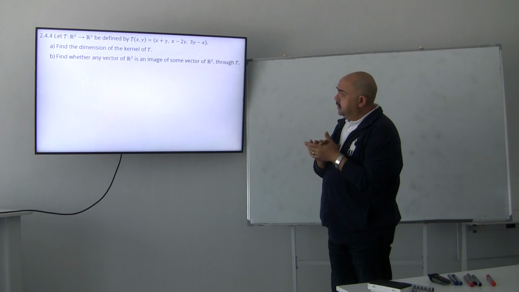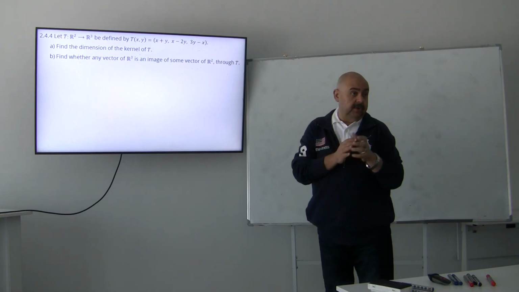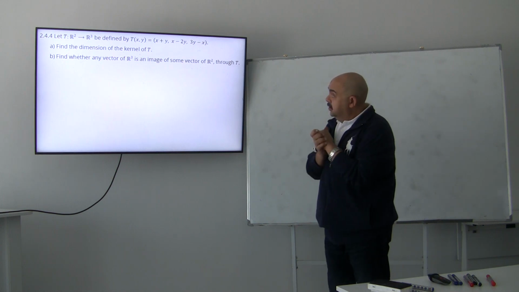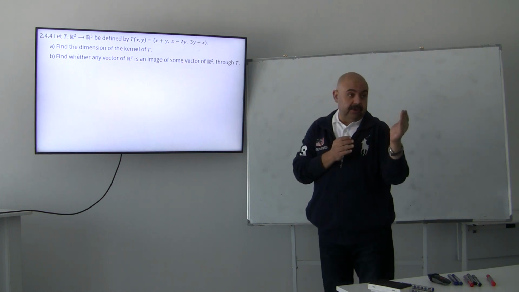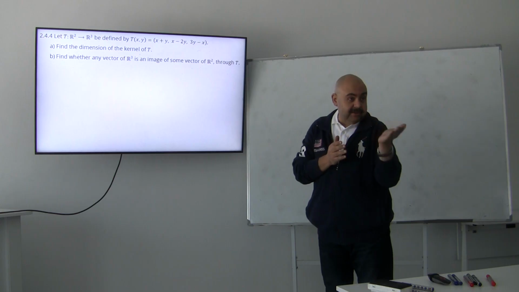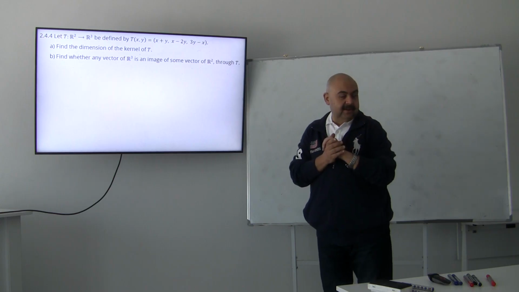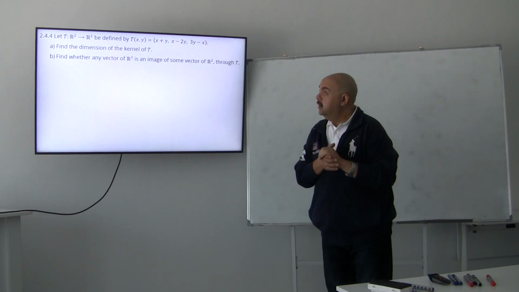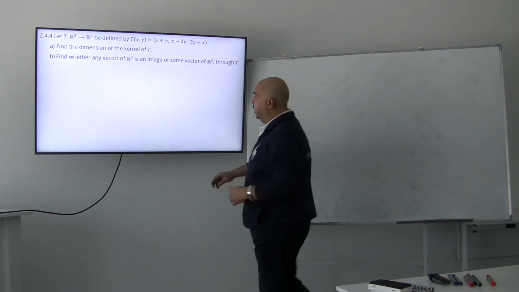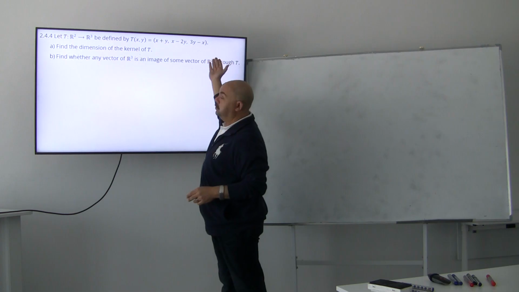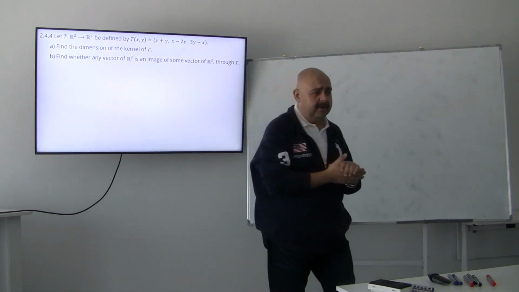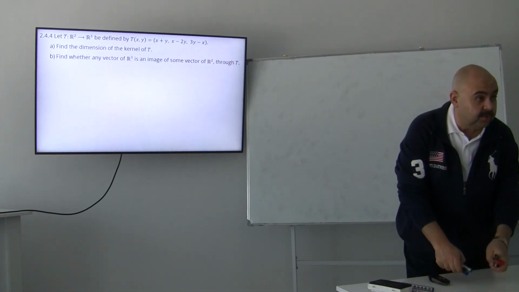It says let T be a linear transform from R2 into R3, defined by the transform given to you. Can you see the transform? Can you write it, if you remember? Yes, we can.